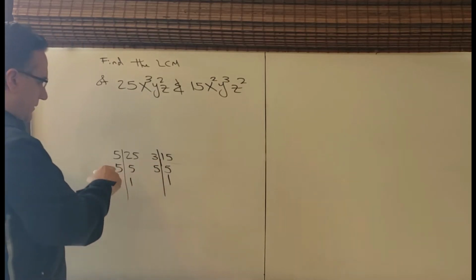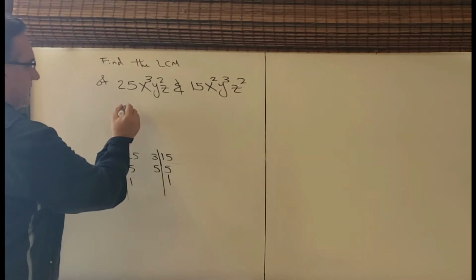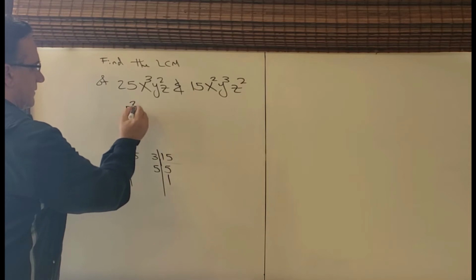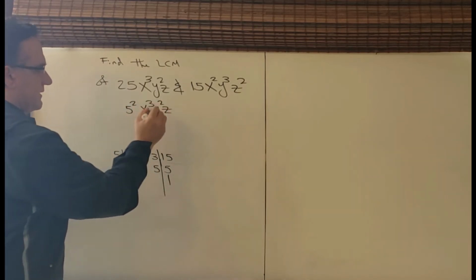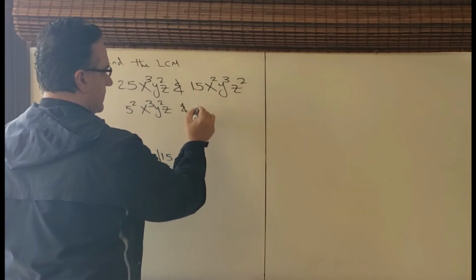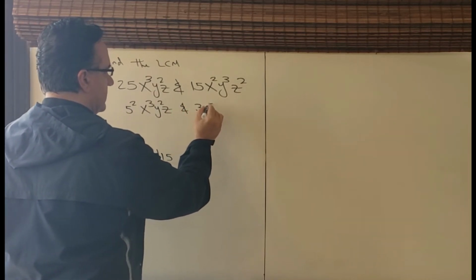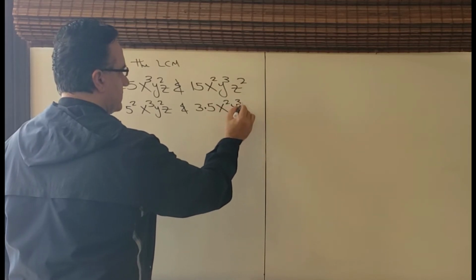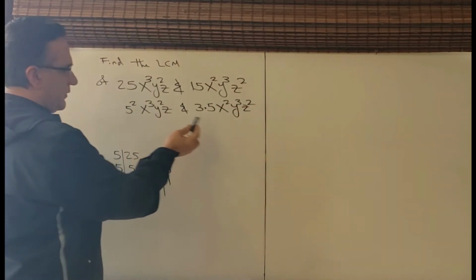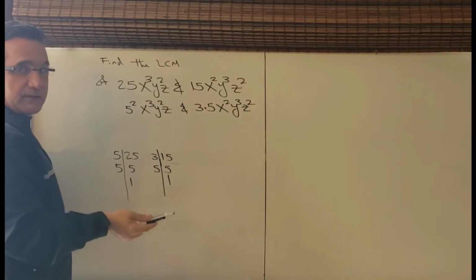Okay, so basically we can write this now as 5 squared x cubed y squared z, and we can write this one as 3 times 5 x squared y cubed z squared. So now both expressions are in fully factored form.